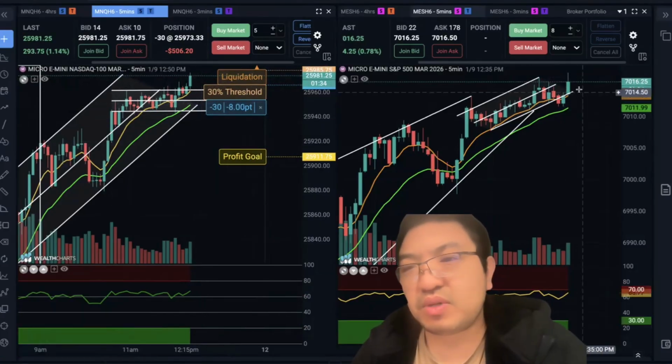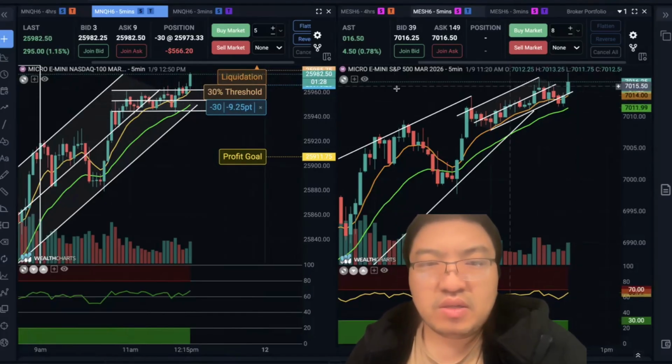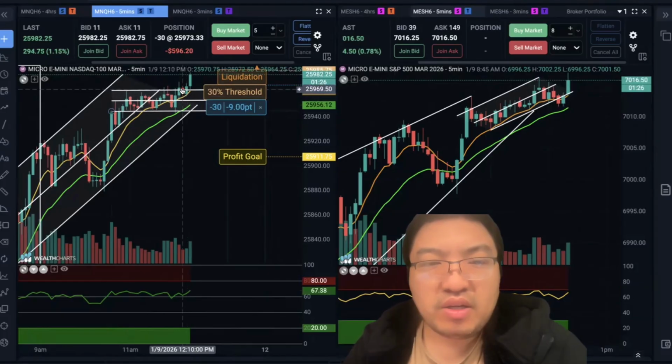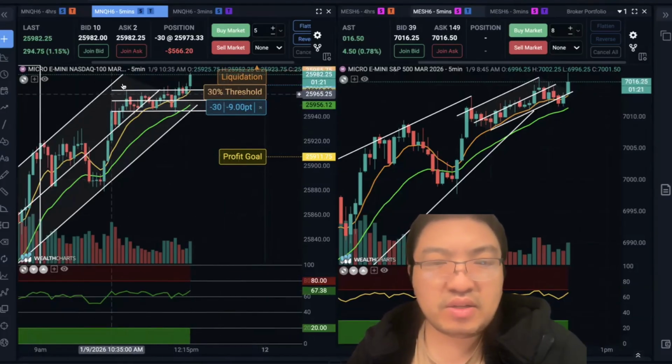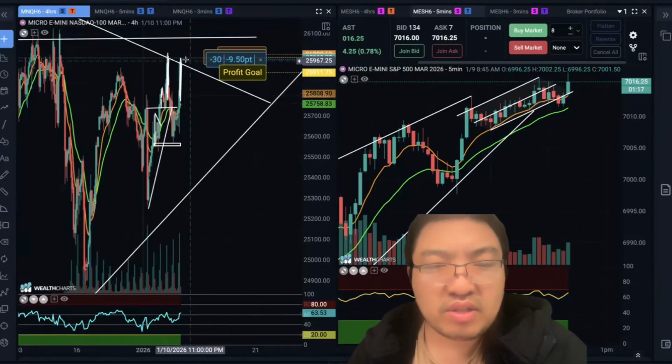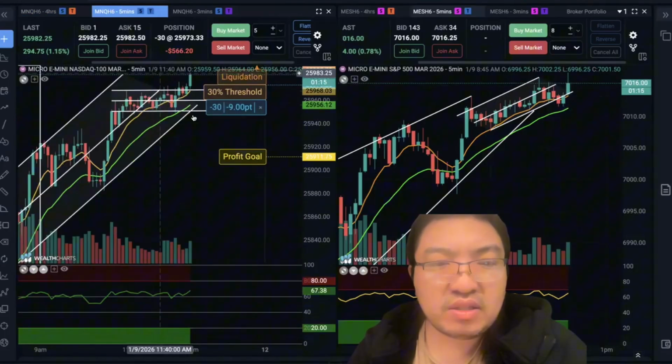Yes, shows some rejection, some resistance here. But NQ wants to go up. Today, everybody wants to buy. There's no reverse. So this is a malfunction, I guess. This is a malfunction.